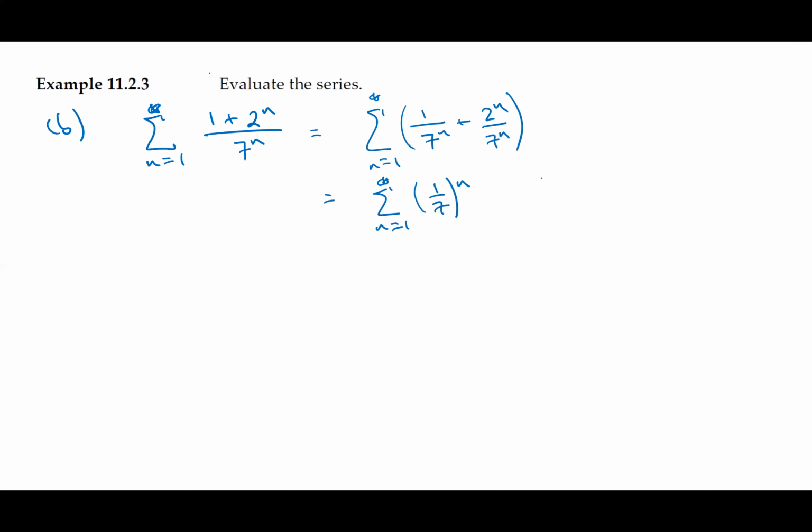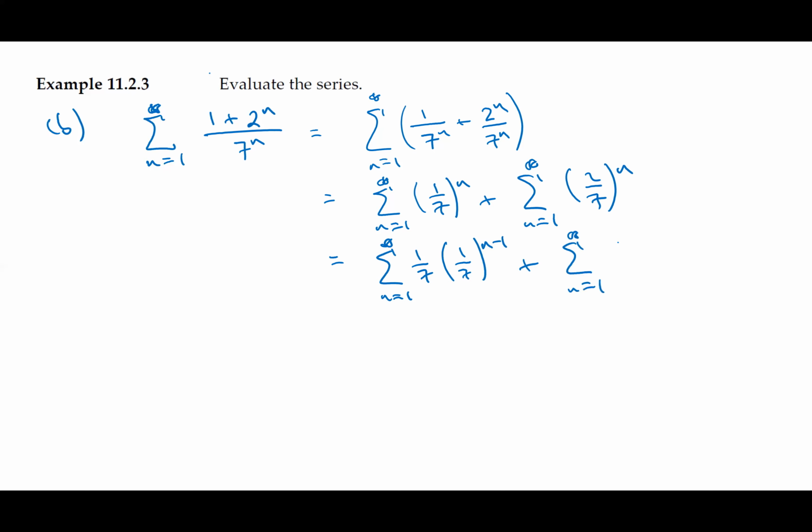The sum of 1/7 to the n, 1 to infinity, plus the sum of 2/7 to the n. And then just being careful to write things in the correct form before I go on with it. So 1/7 times 1/7 to the n minus 1. And then 1 to infinity, 2/7 times 2/7 to the n minus 1. And so 1/7 over 1 minus 1/7 plus 2/7 over 1 minus 2/7.